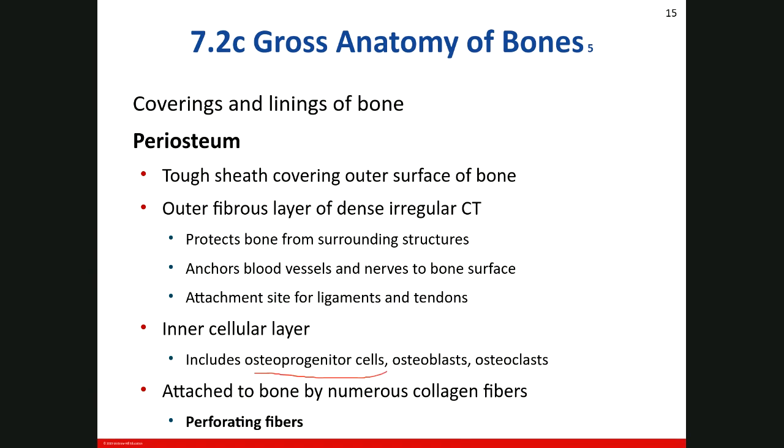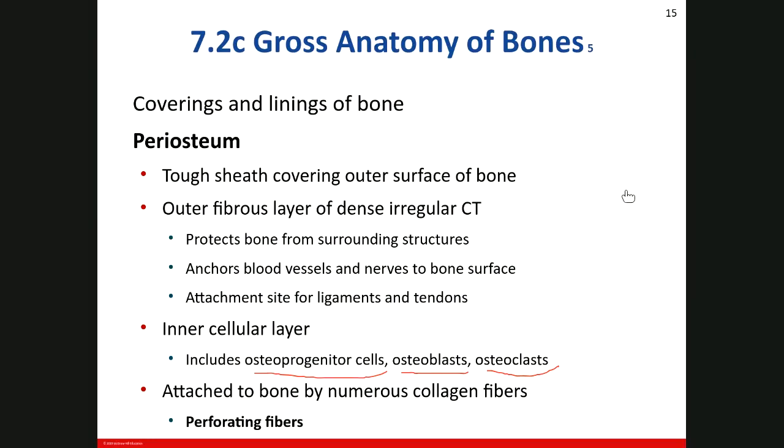These are the cells which can make the cells of the bone. They are stem cells actually. We have osteoblasts, which are the young cells of the bone, and the osteoclasts are the macrophages of the bone. And it can attach to the bone by some perforating fibers.